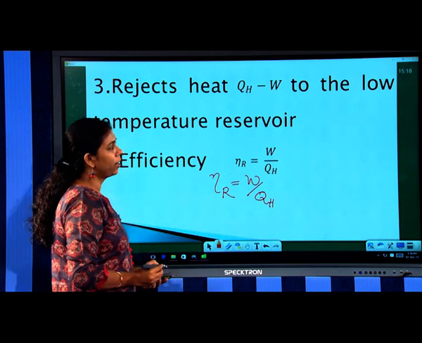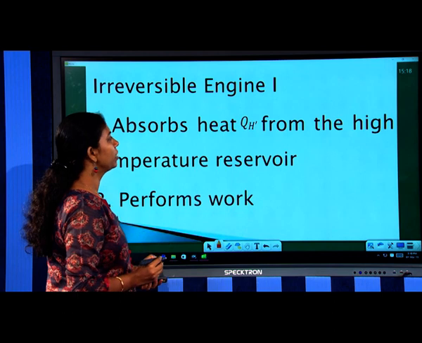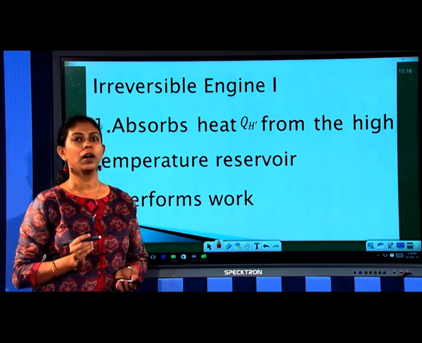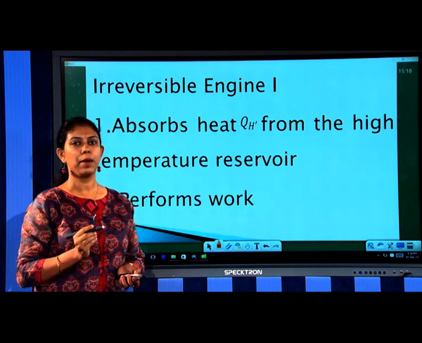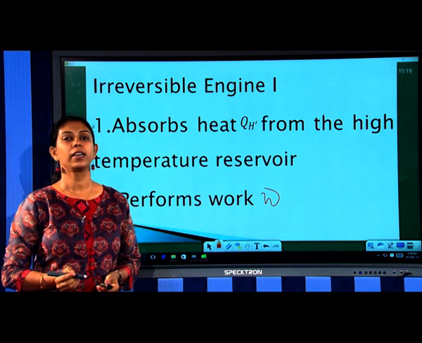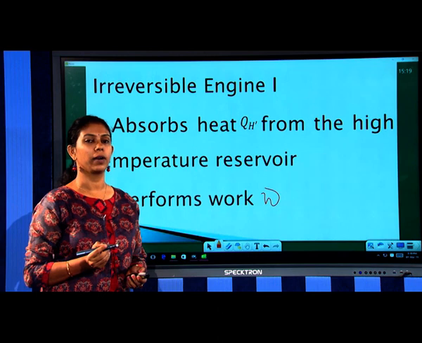Then consider next an irreversible engine I. An irreversible engine I absorbs heat QH dash from the high temperature reservoir and performs work W, and then rejects heat QH dash minus W to the low temperature reservoir.